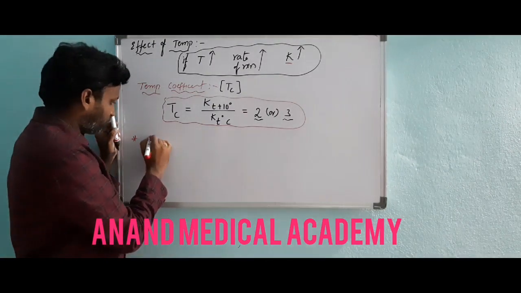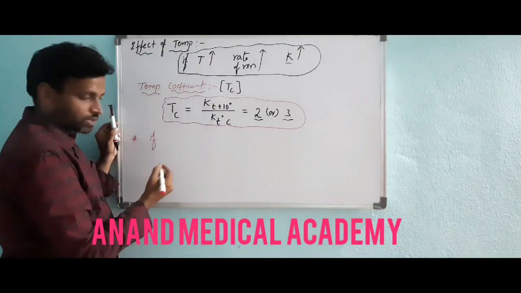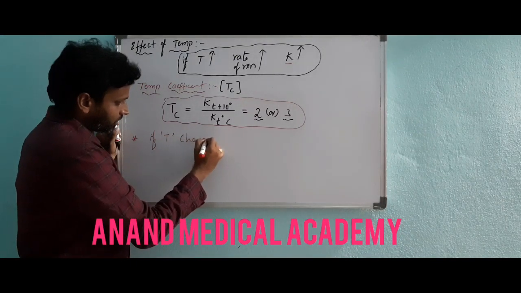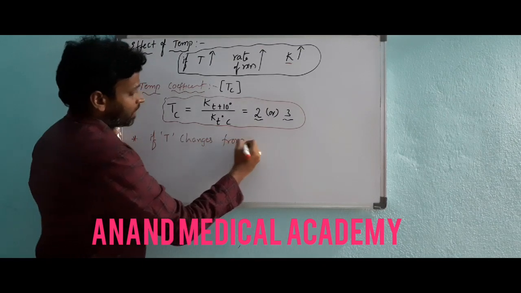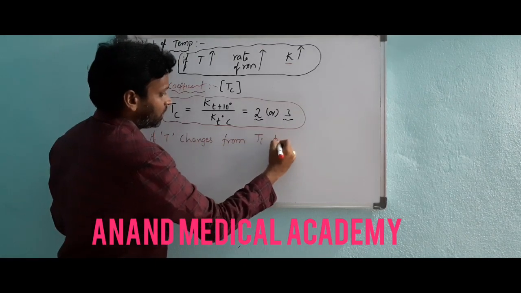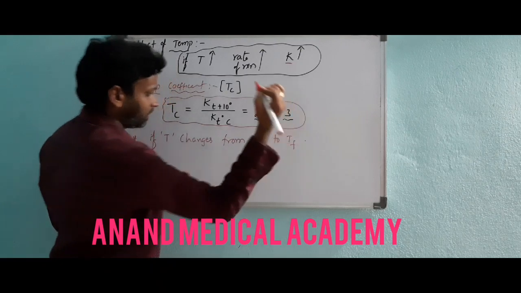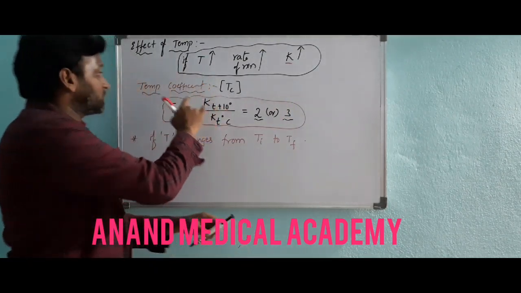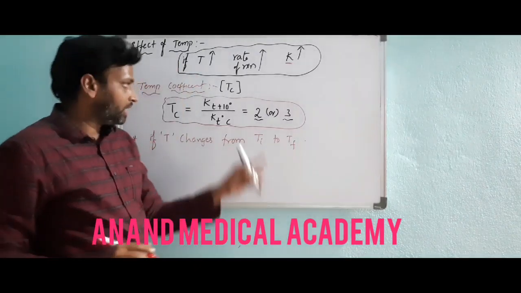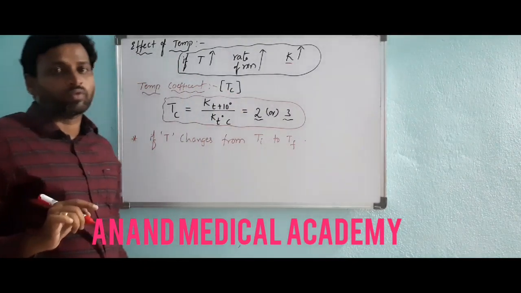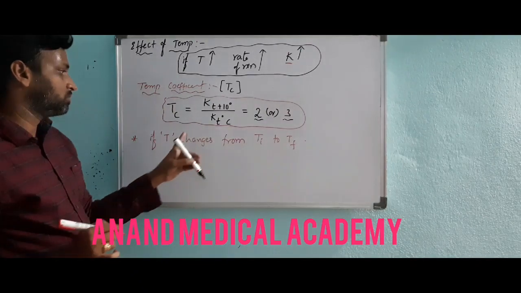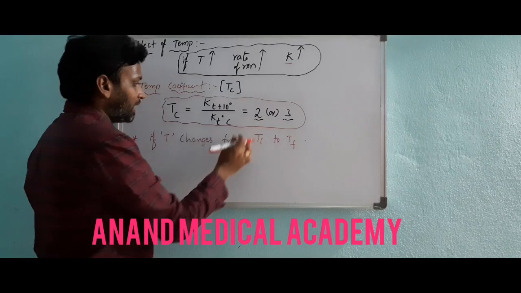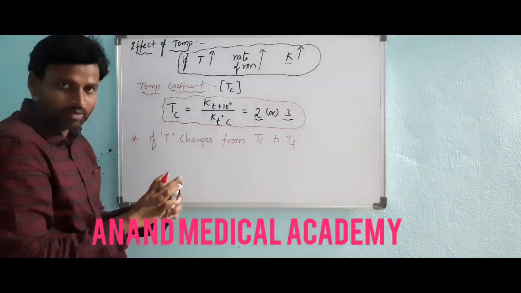If temperature changes from T initial to T final by providing the temperature coefficient. This temperature coefficient they must provide, otherwise you cannot say anything else. If temperature coefficient is 2, then you have to use this formula.